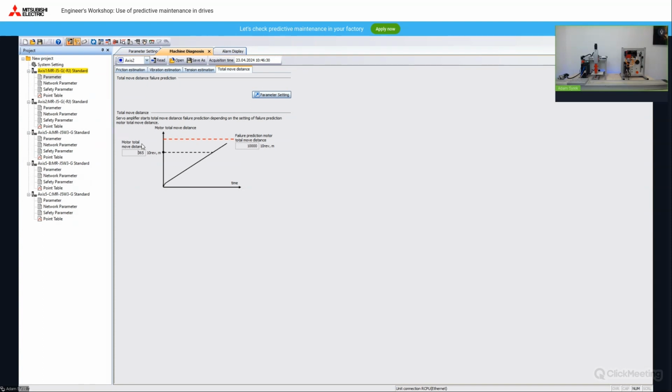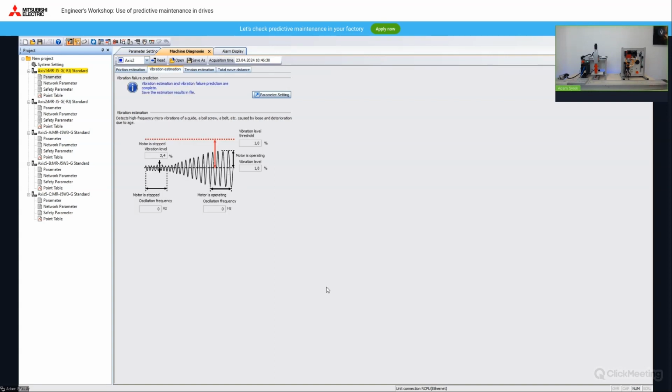So if it reaches or exceeds the limit that is set here in the parameters, it will cause a warning that the number of revolutions of the travel of this axis is higher than was assumed. So this is very basic functionality of the machine diagnosis function.